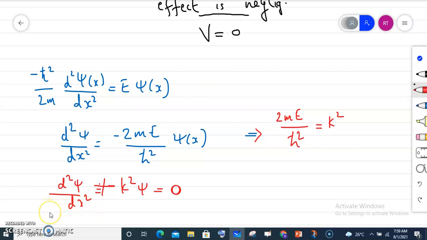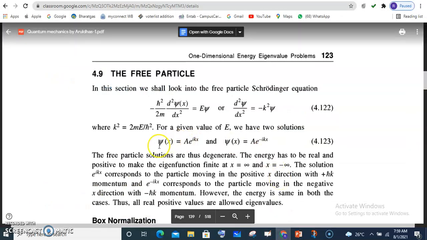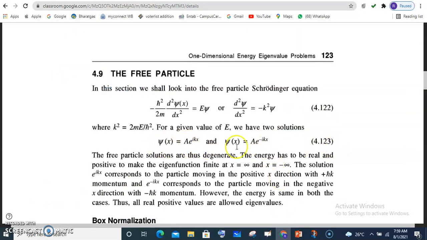So if we analyze this type of differential equation, the possible general solutions look like 4.123, that is psi of x is equal to A e raised to i kx and also A e raised to minus i kx. So we can say that these free particle solutions are degenerate: different eigenfunctions corresponding to the same eigenvalue.